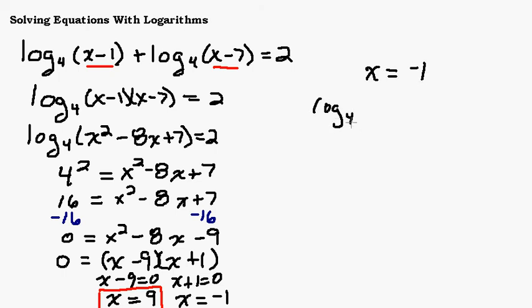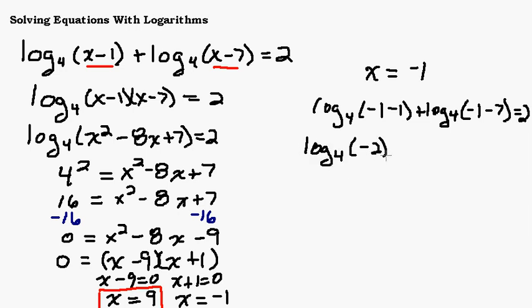Log base 4 of -1 minus 1 plus log base 4 of -1 minus 7 equals 2. Now I have log base 4 of -2 plus log base 4 of -8 equals 2.